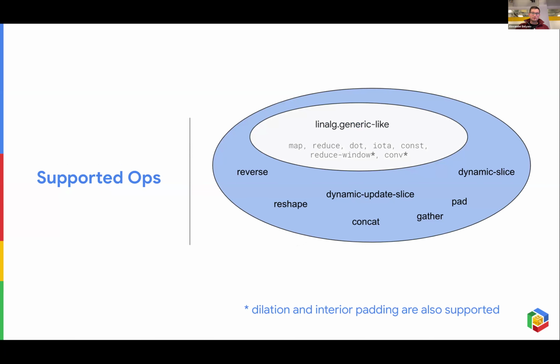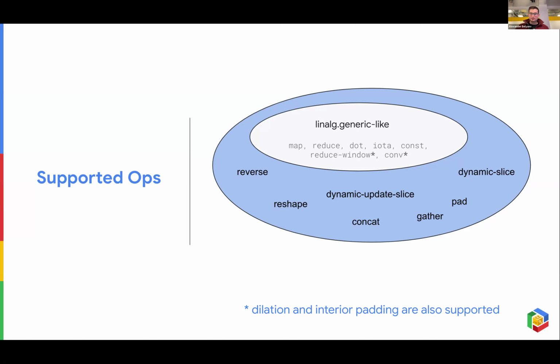So all of that probably sounded like Linalg generic, because Linalg generic has a similar concept. It has affine maps for inputs and outputs, and the assumption is that every element of the output is populated. That's why Linalg generic can model MapReduce and different Einstein summation and dot, iota, const, whatever, but not everything.